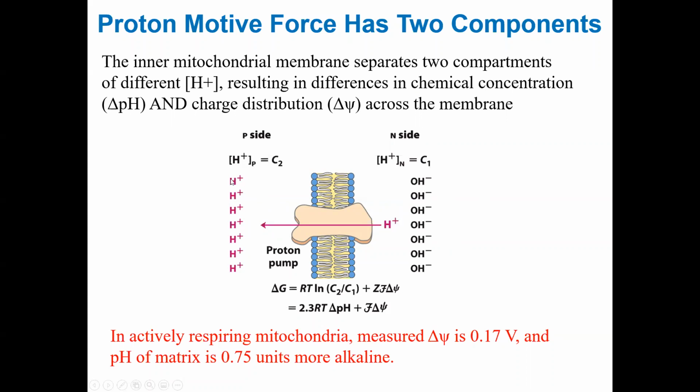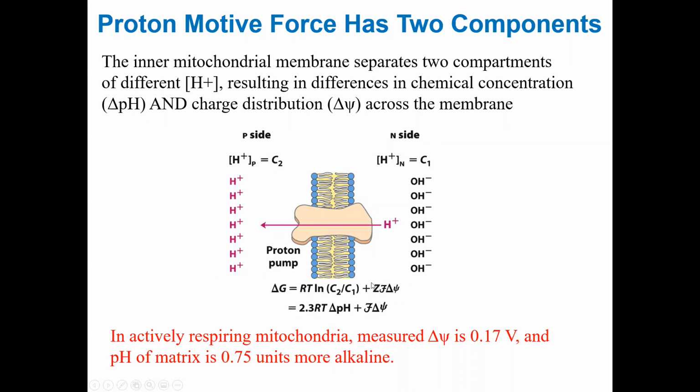So if you want to understand the free energy that is actually stored in this type of system, then the free energy has two terms, okay? And those two terms are shown here. RT ln C2 by C1. That's the first component. The second component is ZF delta psi, right?